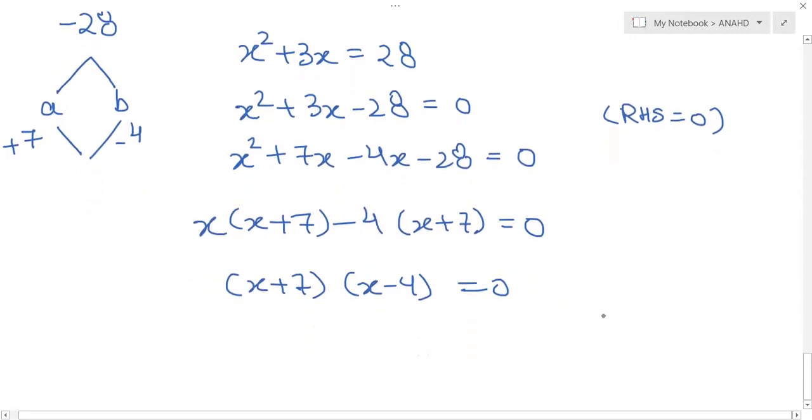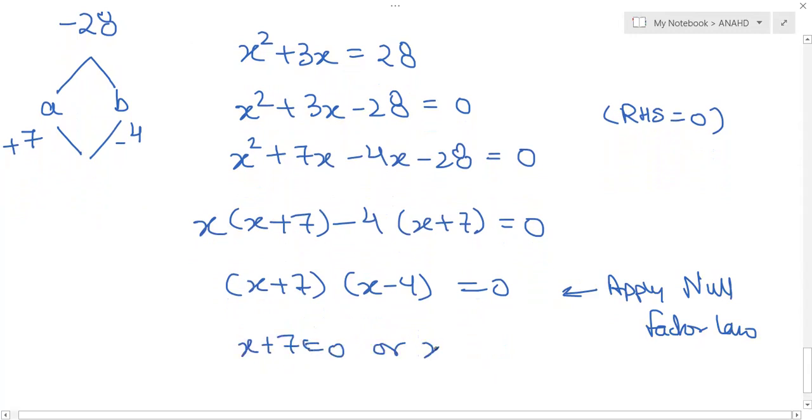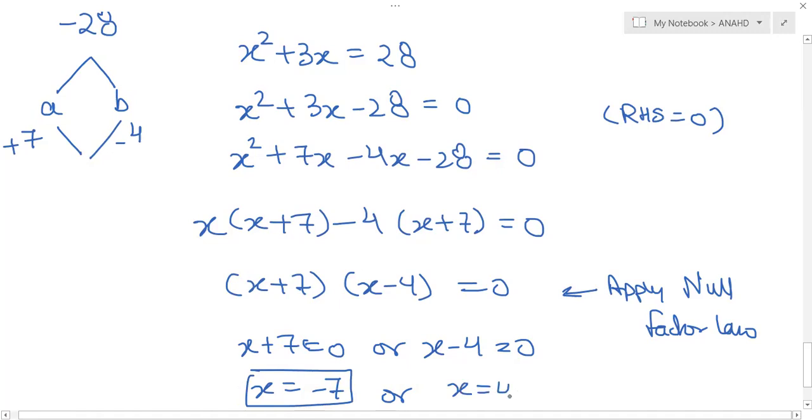Now at this step, we have to apply the null factor law. At this stage, we get x plus 7 equal to 0 or x minus 4 equal to 0, which gives x equal to minus 7 or x equal to 4.